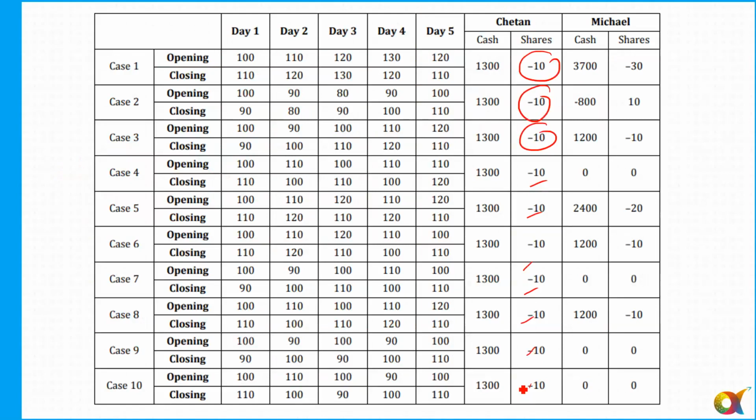And the price, okay, whenever there is an increase, he bought the price. For example, if I take the case 1, okay, for Chetan, it has increased 120, then 140, then it is decreased 120, 110. And every day he buying the number of shares. So 3 times it increases. So plus, plus, plus. And then I can say it is minus and minus. Here you go. He bought and then he sold.